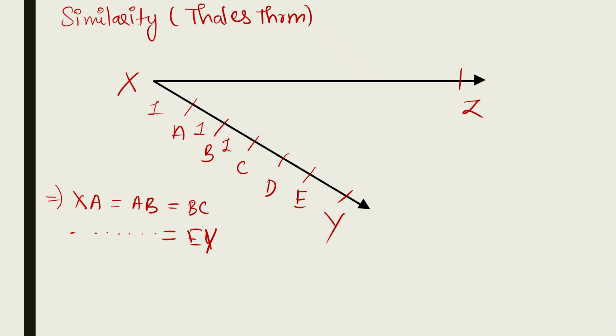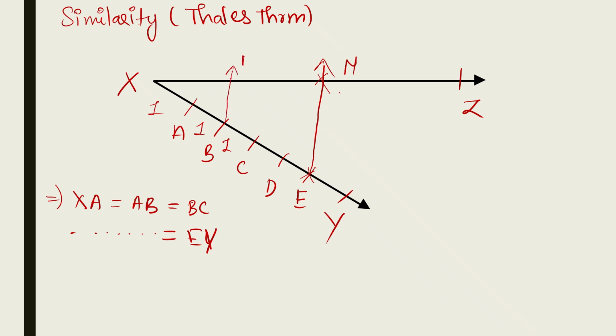Now I am going to draw a line from this point E to the line XZ. It intersects at some point, let me name it M. And now, parallel to this EM, from B I am going to draw a line which intersects XZ again.